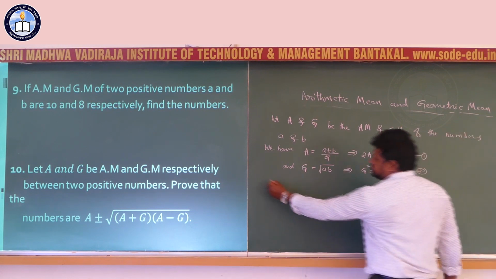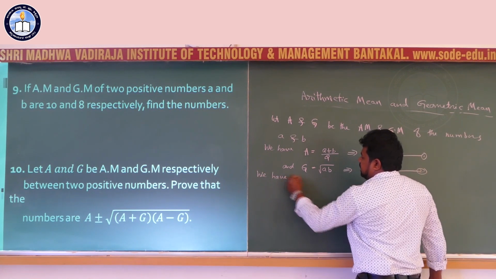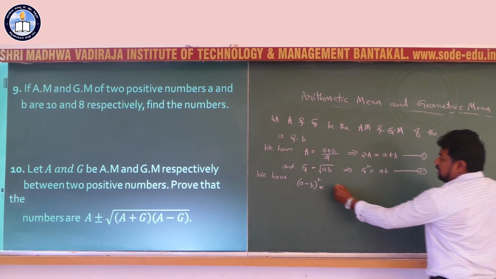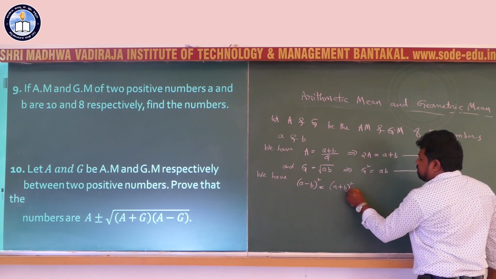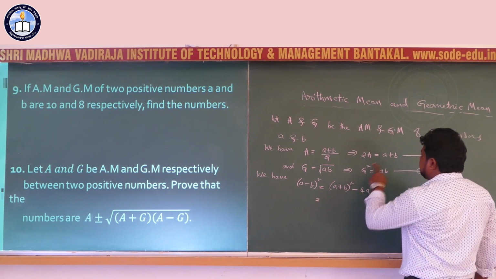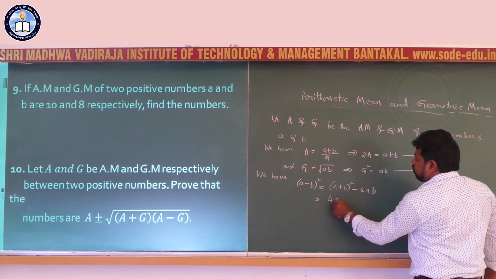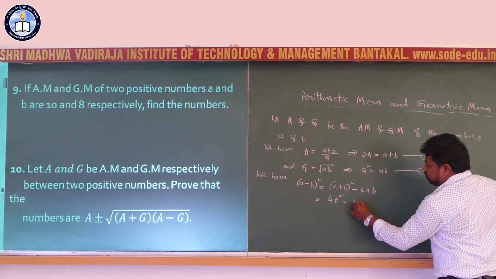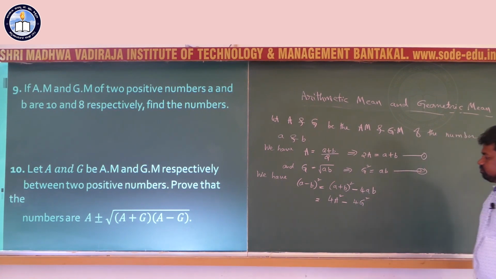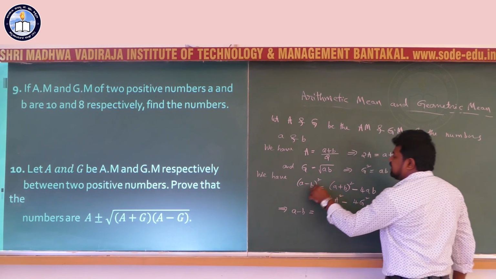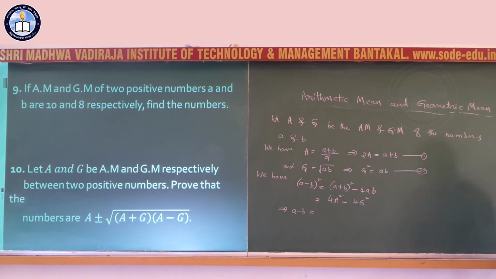We know that a minus b whole square equal to a plus b whole square minus 4ab. That is equal to a plus b here 2A square, 4A square, minus 4ab here G square, 4G square. It implies a minus b whole square equal to 4A square minus 4G square.